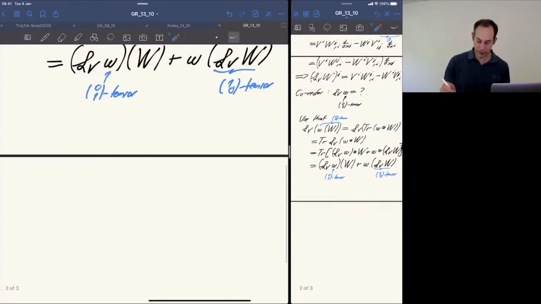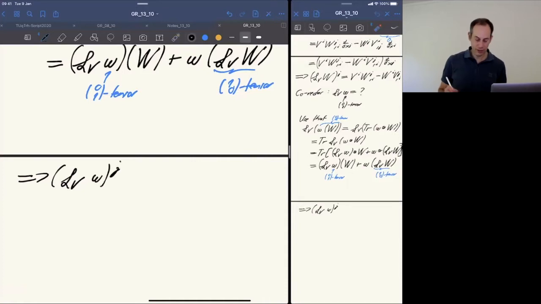So let's do that. And let me immediately write the whole thing in components. So I have L_V omega, with index j. So I'm interested in the j component. Oh, maybe I should write the j downstairs. I'm sorry for that. This whole thing is now a covector, a 0,1 tensor, so it has the indices downstairs if I write down the components.